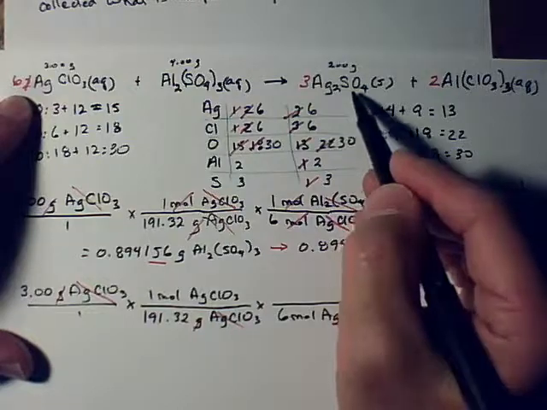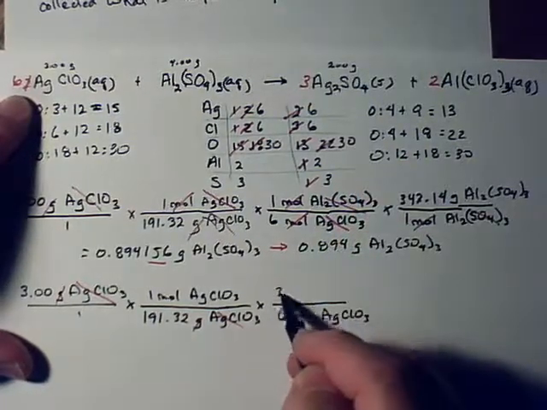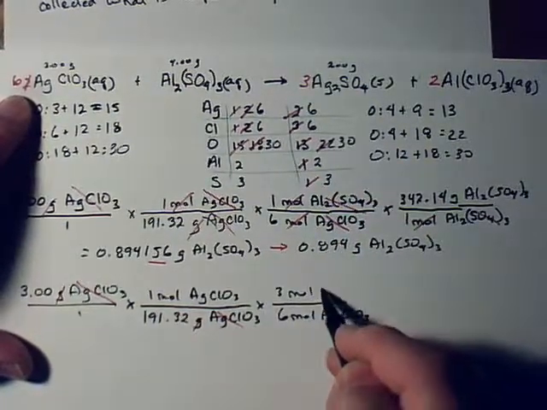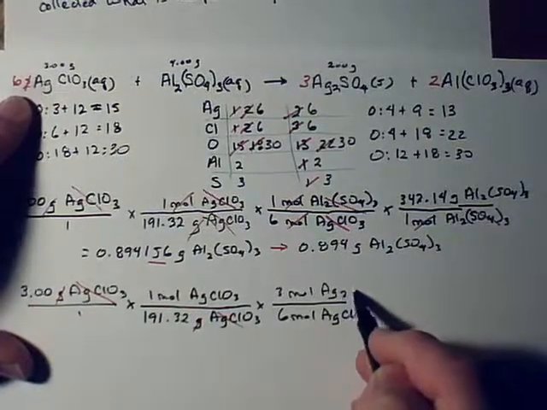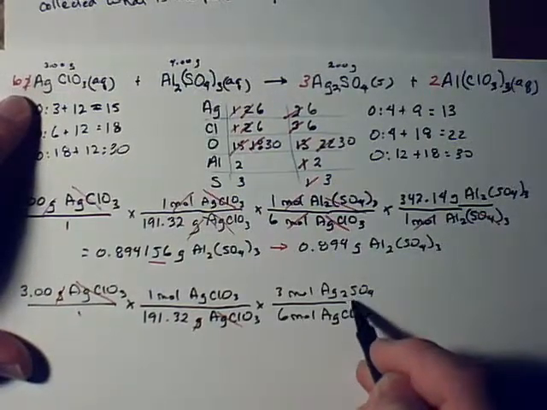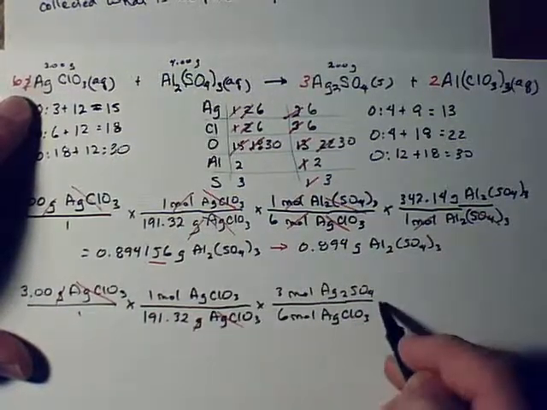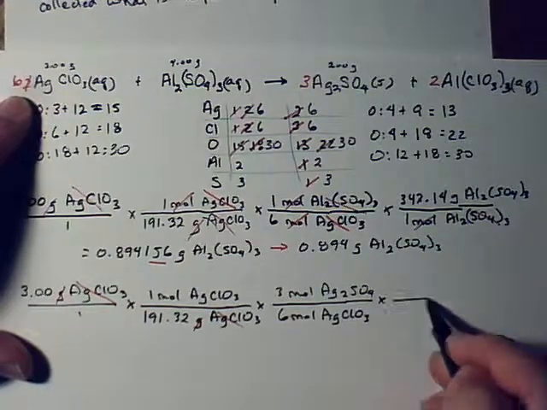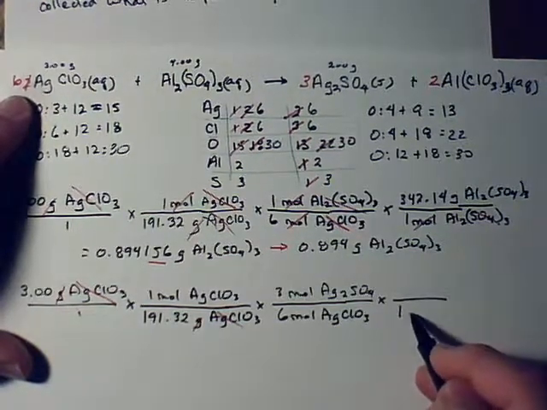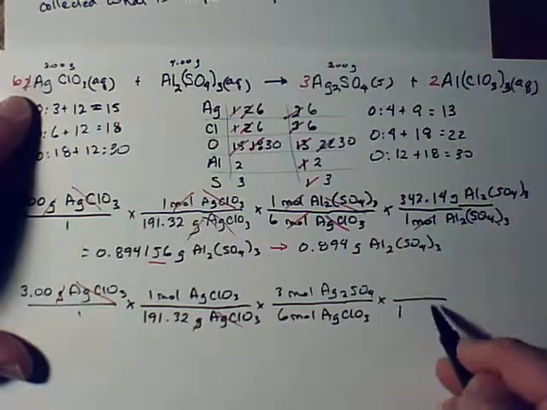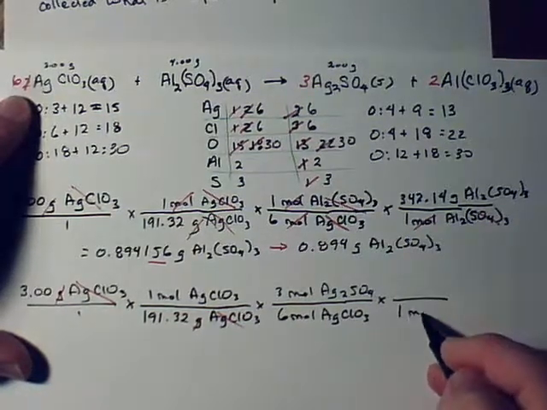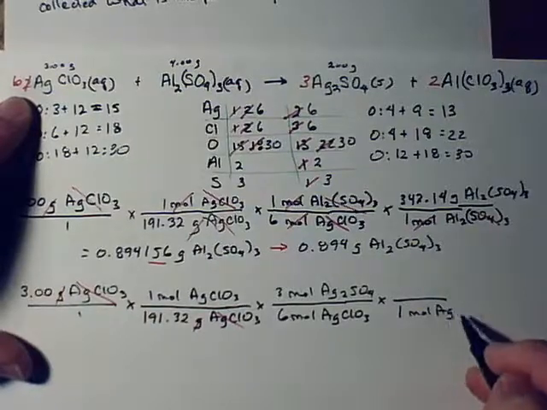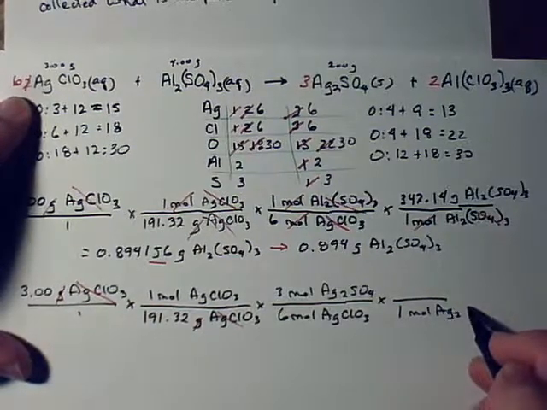And so we want 3 moles of this. And then we're going to have a molar mass conversion unit here, because we've got to get mass of this silver sulfate.